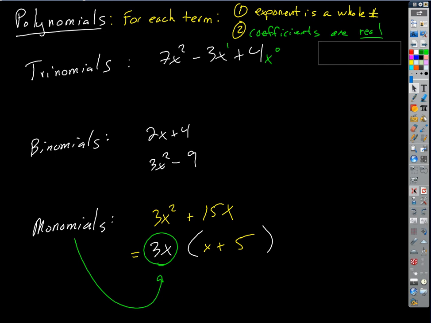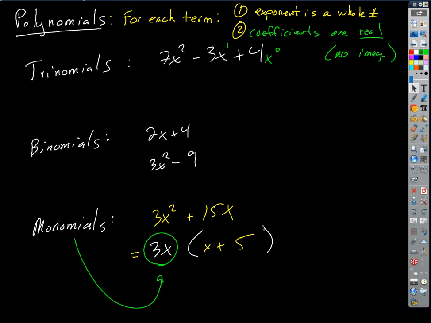Usually we find ourselves working with integer coefficients a lot, but it doesn't have to be that way. We just cannot have imaginary numbers. Just no i's, but anything else is fine. So these would be binomials. How come? 2 terms. And a monomial is just a single term.